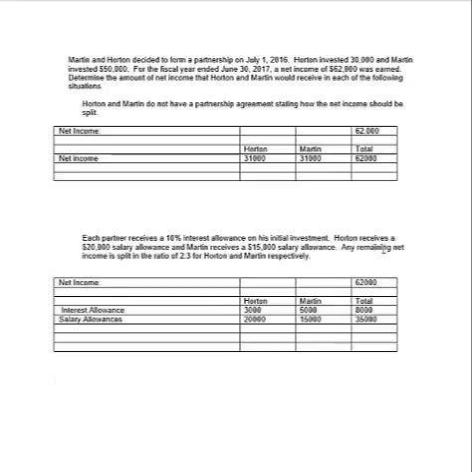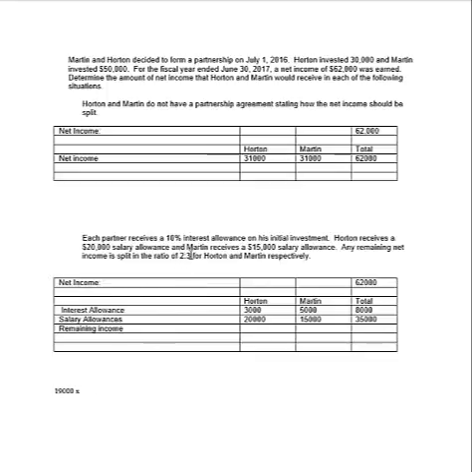So any remaining net income is split in the ratio of 2:3. So the remaining income is $19,000. And so to figure out Horton's share, we're going to multiply the $19,000 remaining by 2/5.